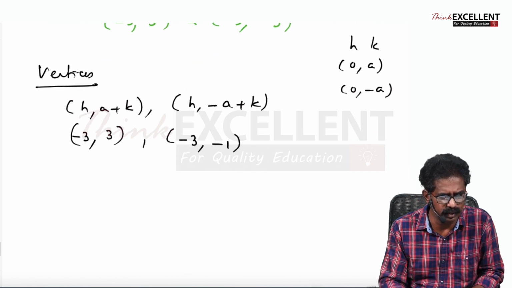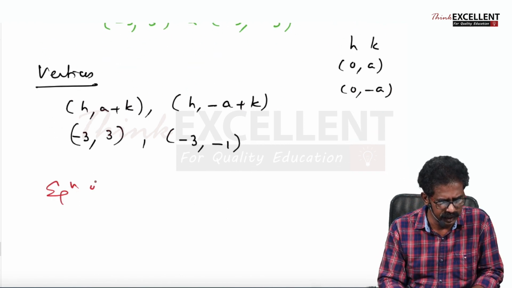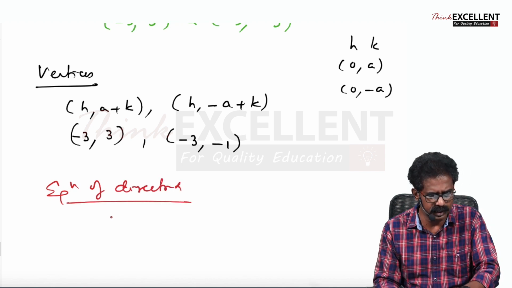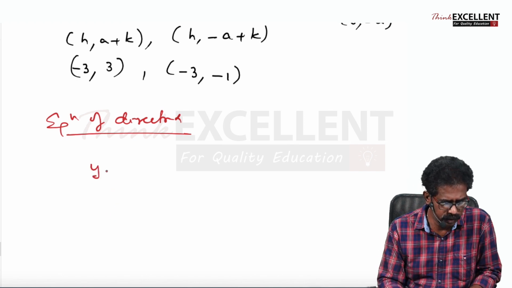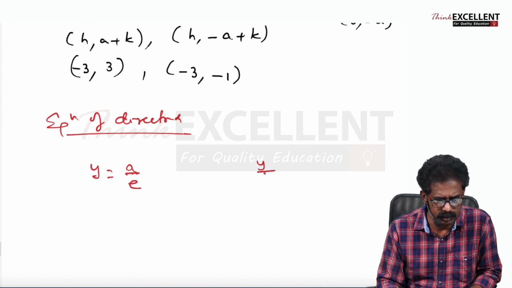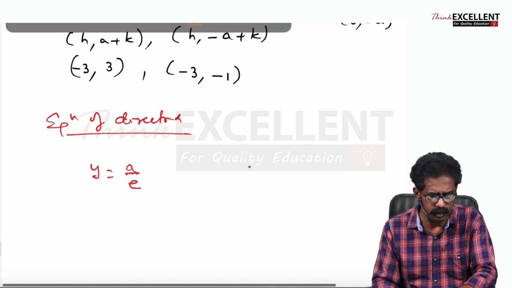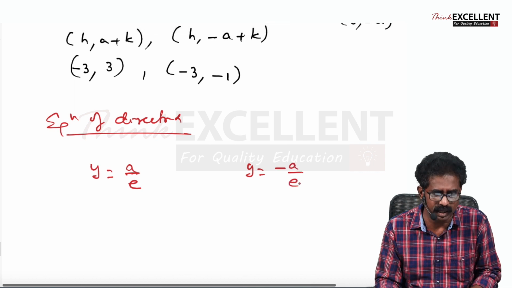Then finally you find the equation of the directrix. Since it is of the second type, y equal to a by e and y equal to minus a by e is the actual formula when the center is 0, 0. But here you have to add h, k.